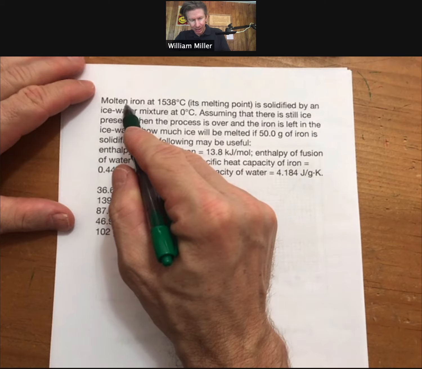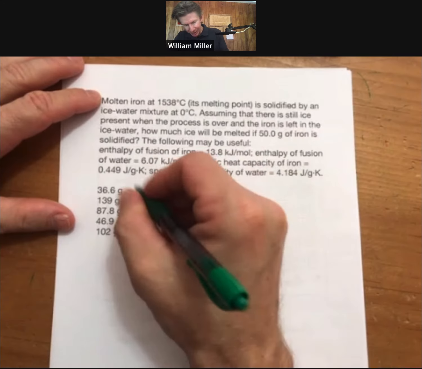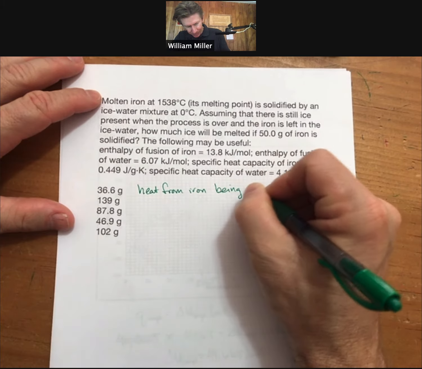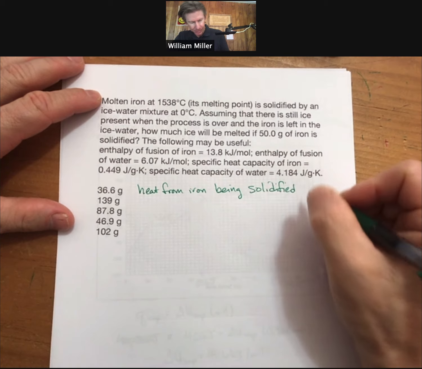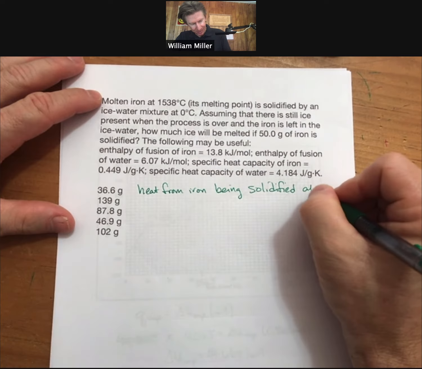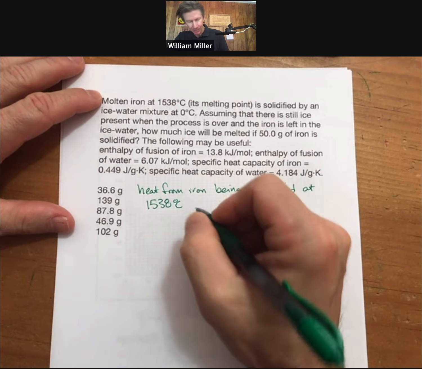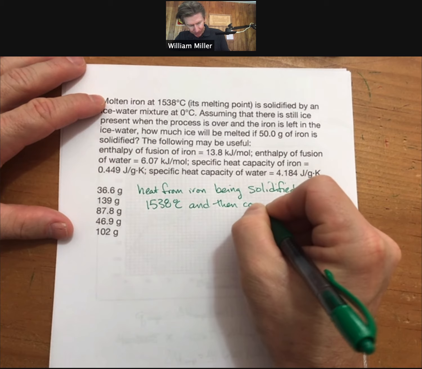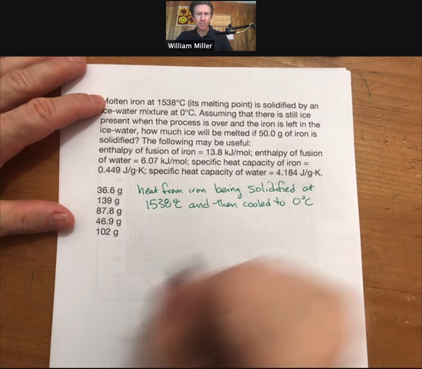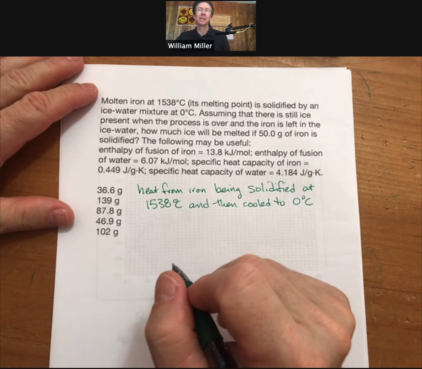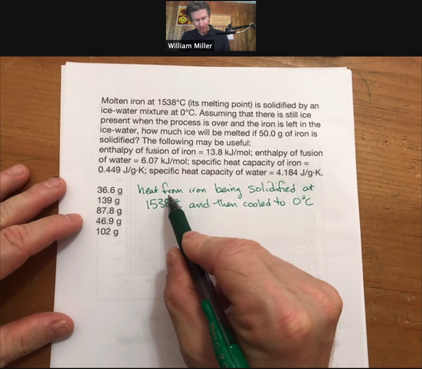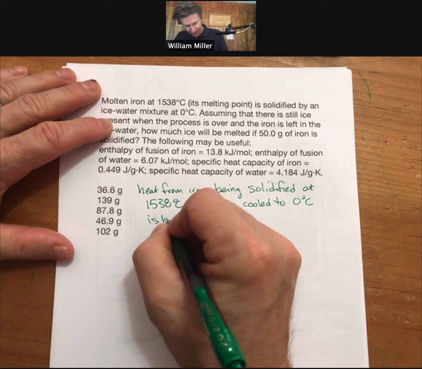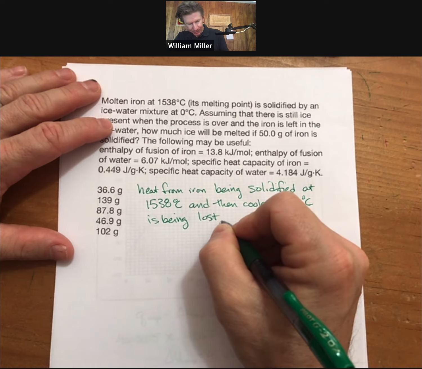So the heat from iron being solidified at 1538 degrees Celsius and then cooled to 0 degrees Celsius is being lost, or given off.